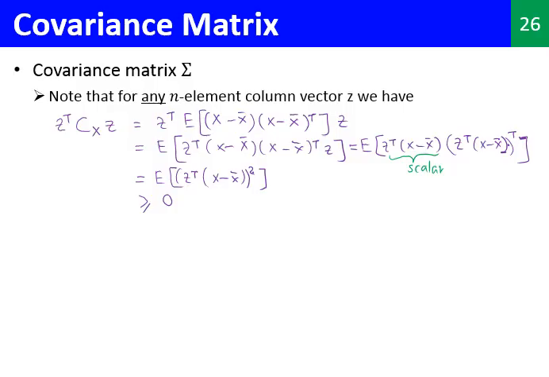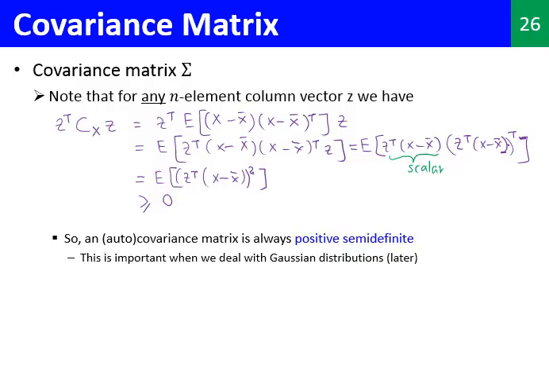When the covariance matrix has this property for any vector z, we say that it is always positive semi-definite. Okay, and later this will become useful when we deal with multivariate Gaussian distributions.